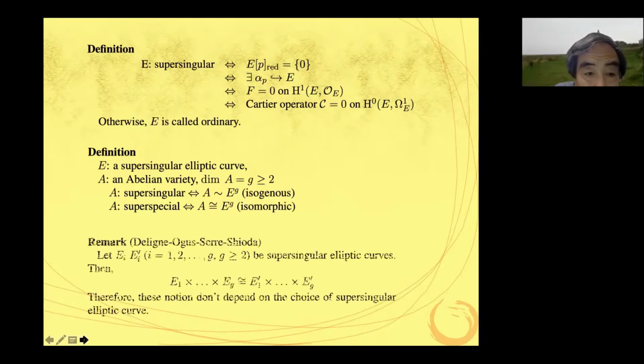And this definition does not depend on the choice of supersingular elliptic curve, because if we consider g supersingular elliptic curves, then E_1 times ... times E_g is isomorphic to this one.